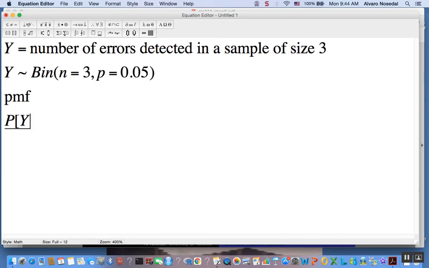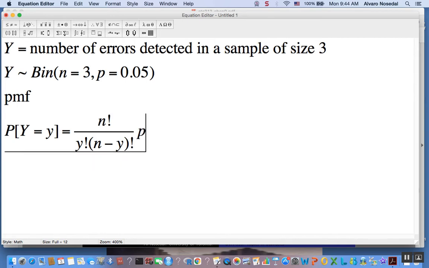The probability that Y, the random variable, is equal to a particular value, lowercase y, is going to be given by n factorial divided by y factorial times n minus y factorial, times p to the power y times 1 minus p to the power n minus y.